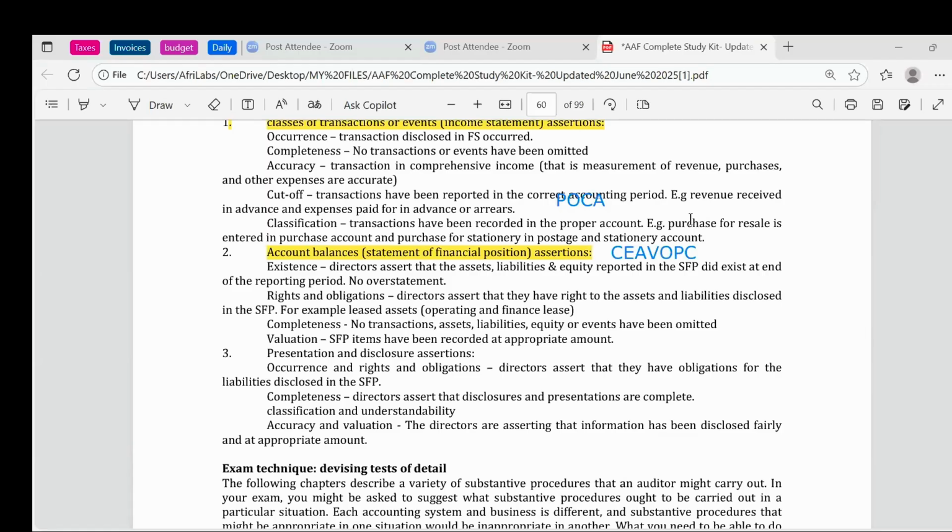I told you valuation is having a firm framework behind the numbers that you put on your SOFP. Now, is there anything in your income statement that is in quotes a valuation number? No. It is your SOFP that has inventory, that has PPE, that has intangible assets.